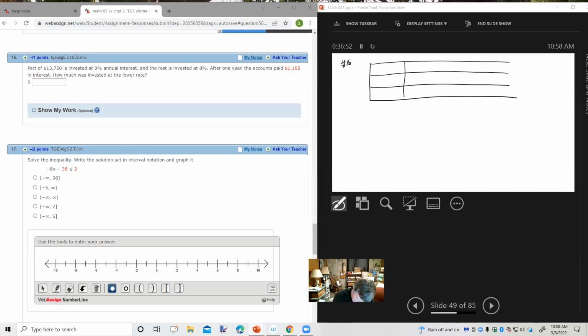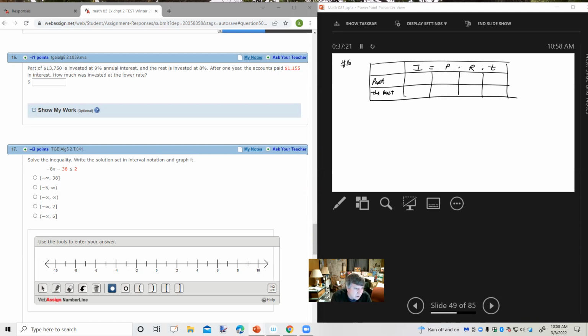Let's see here. So simple interest, I equals P times R times T. And we've got part and the rest. Part of $13,750.